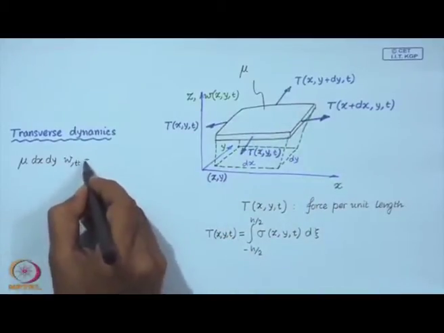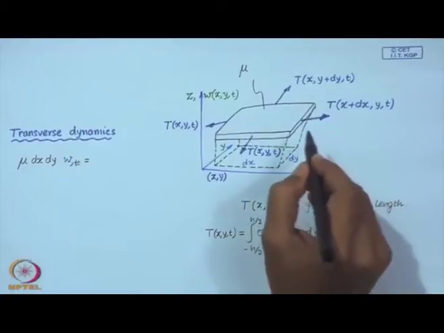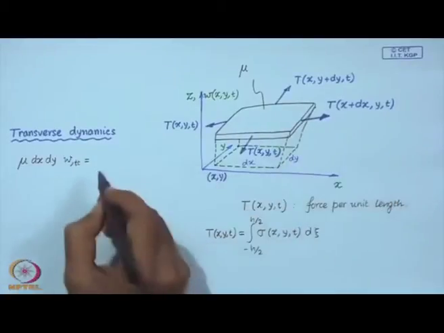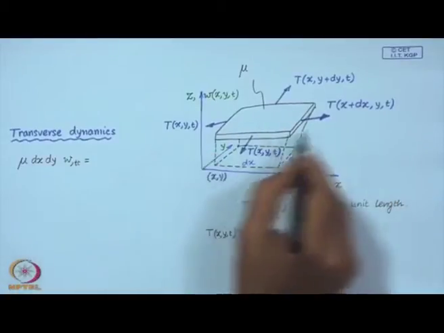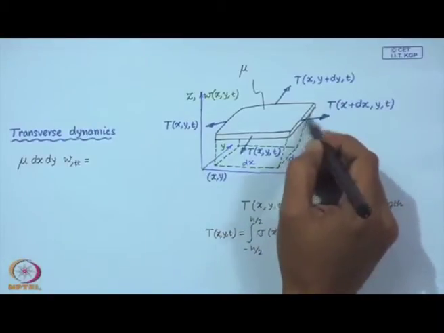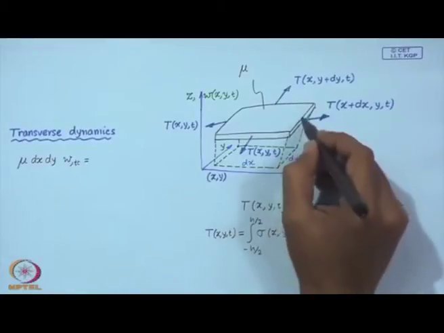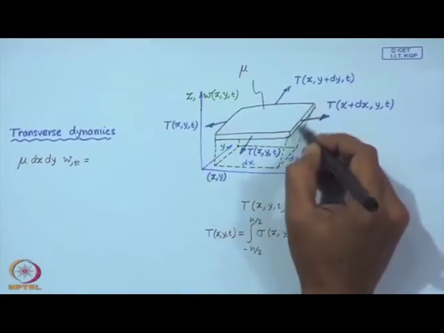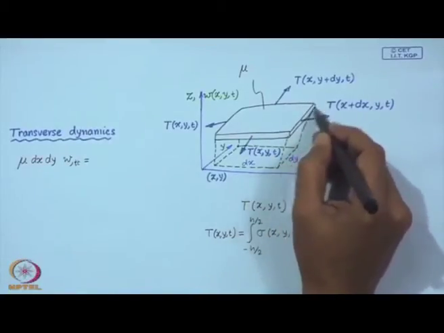So, this T is the force per unit length of the cut, because it has been integrated over the thickness.